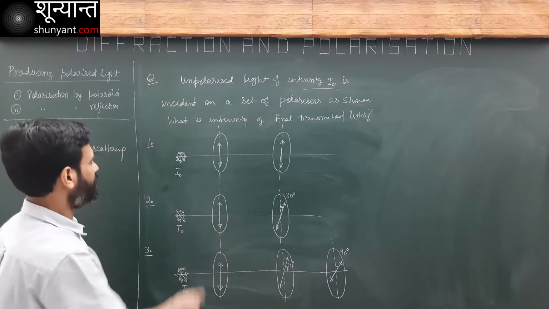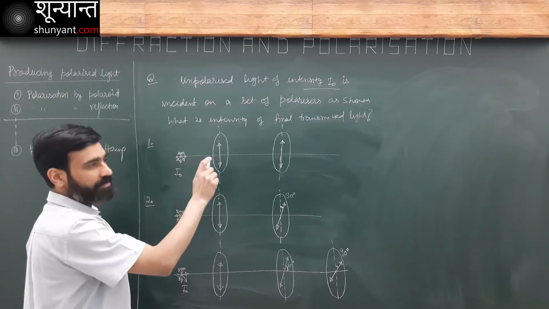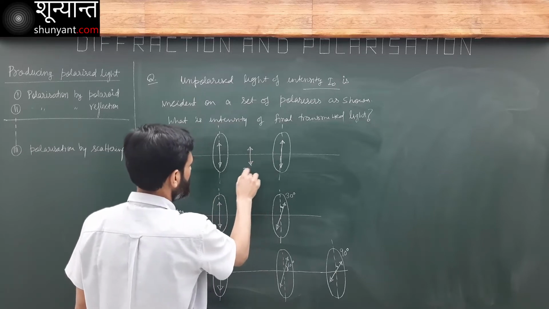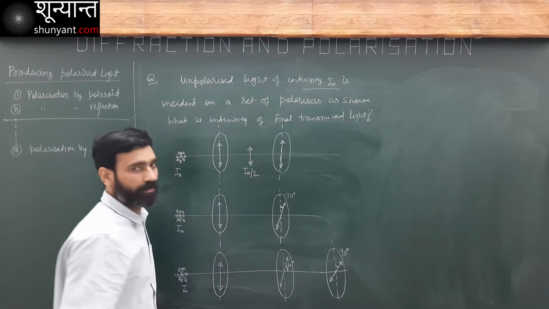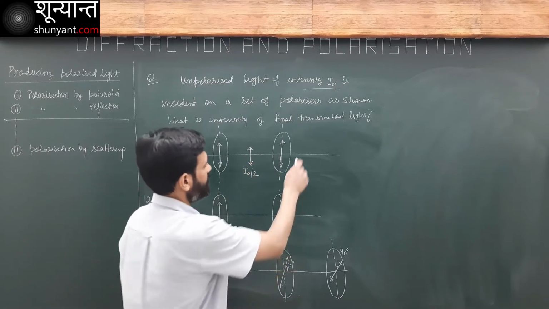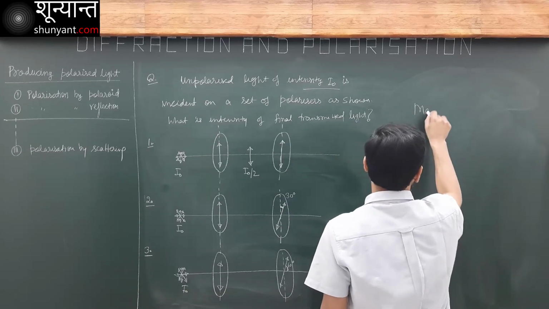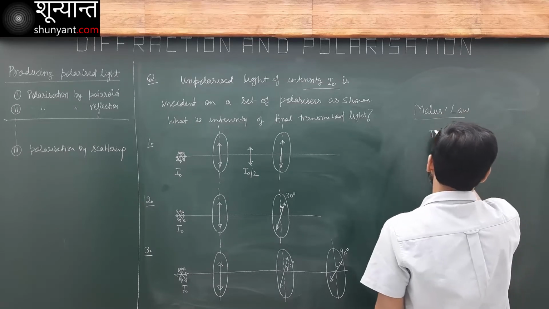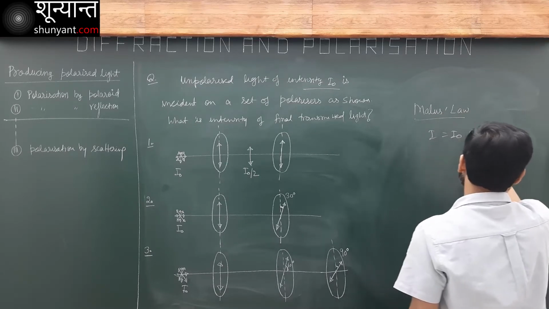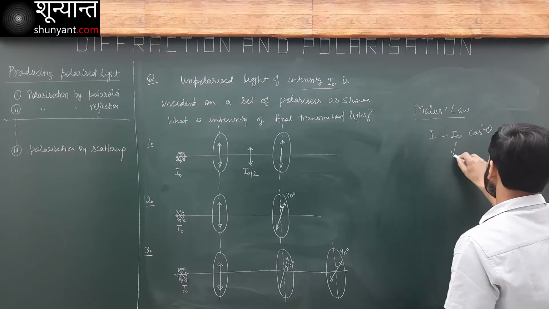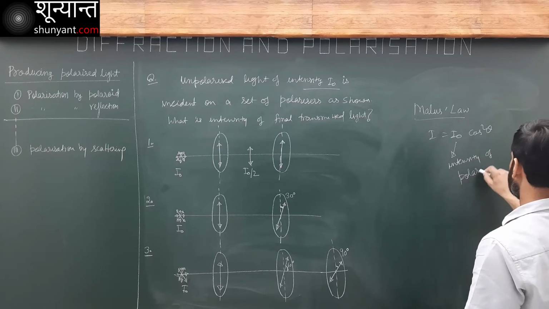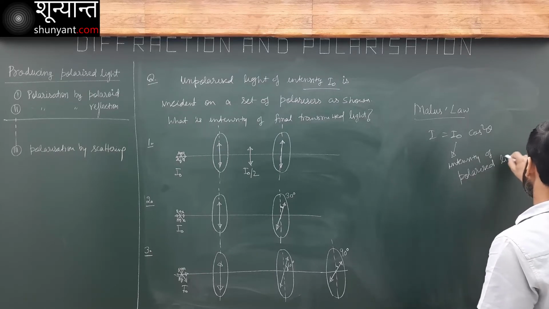Okay, let's see. After passing through the first polarizer, it becomes polarized. What is the intensity? I naught over 2. Now, what is the angle between this and this? I have Malus law here: I is equal to I naught cos square theta. This I naught is the intensity of polarized light, not unpolarized.